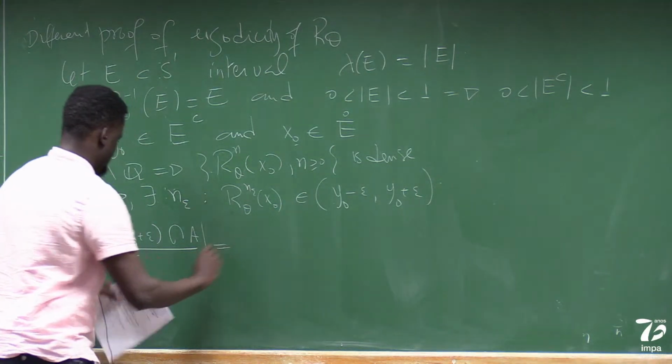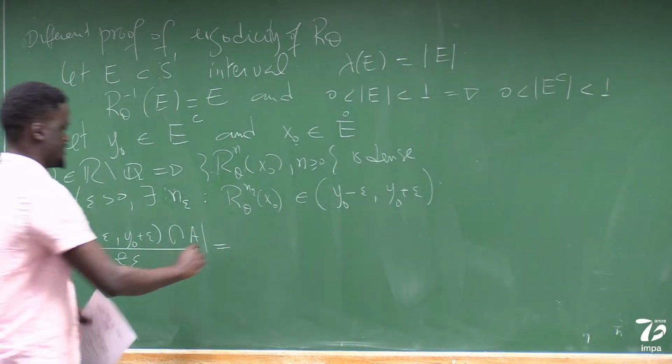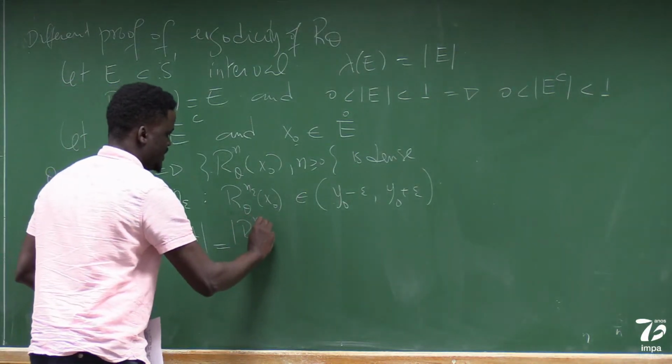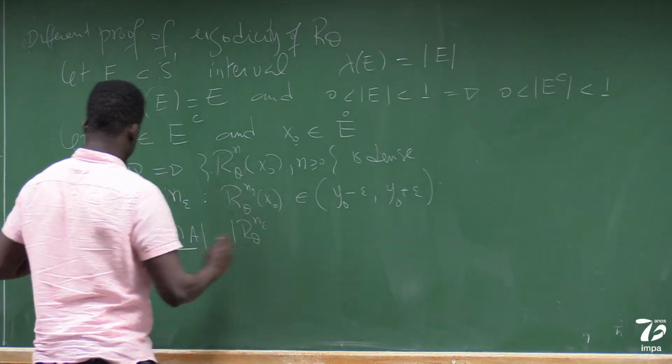Because Lebesgue is invariant, this is r theta and epsilon of, oops, sorry, x naught.